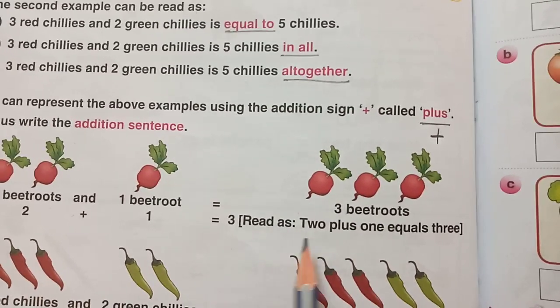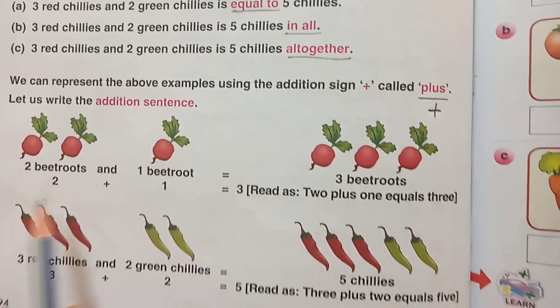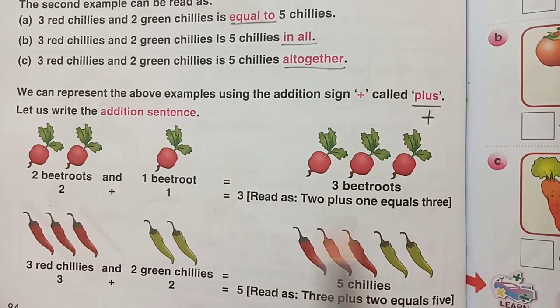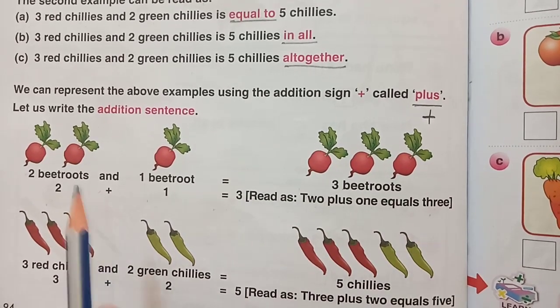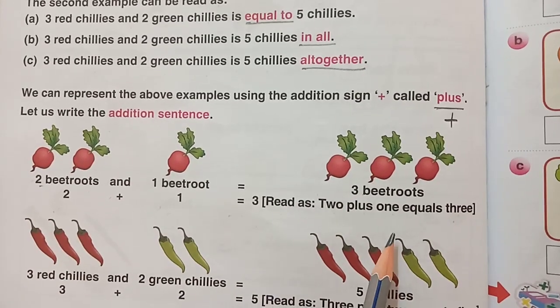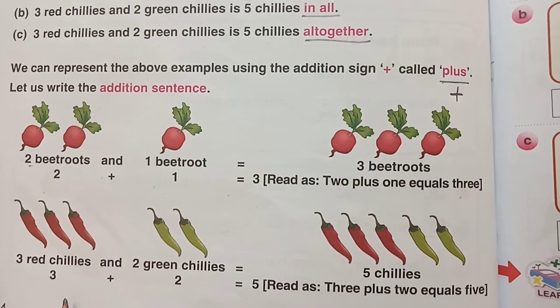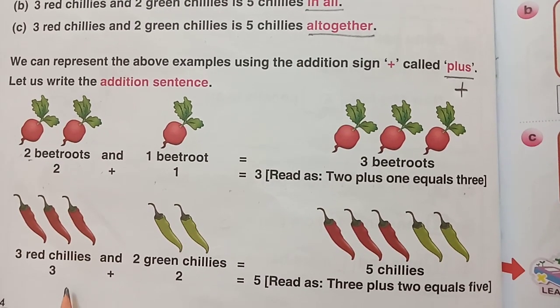How to read it? 2 plus 1 equals 3. Understood this one? By adding 1 beetroot to 2 beetroots, we got 3 beetroots.